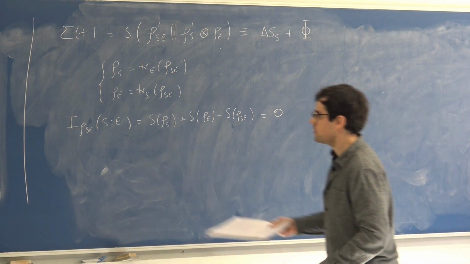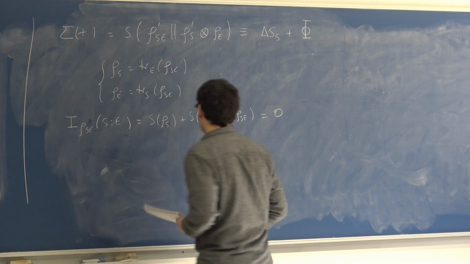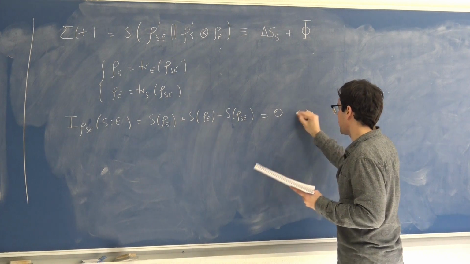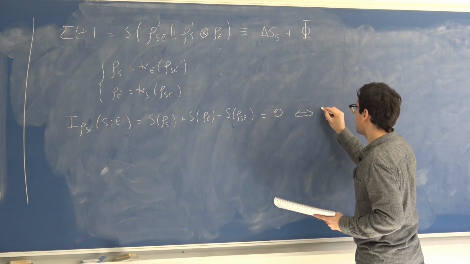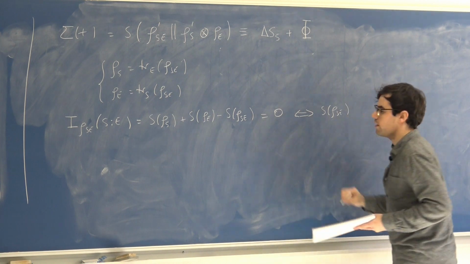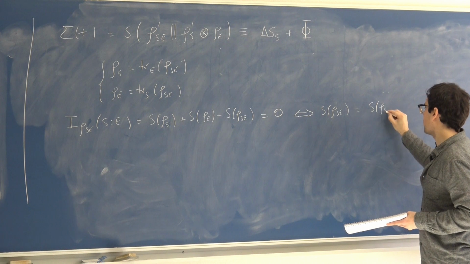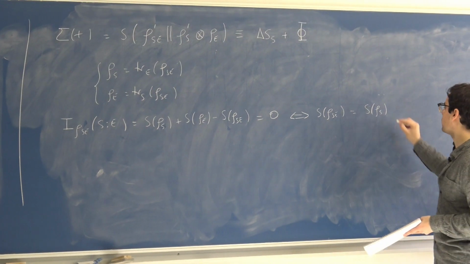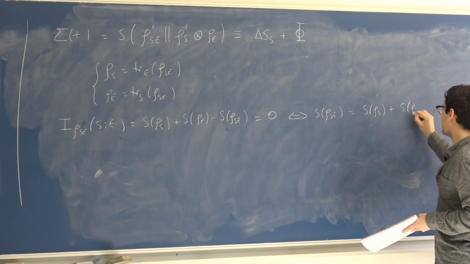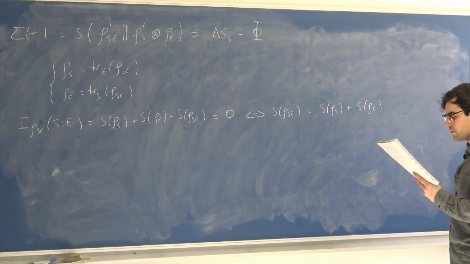Since the initial state is a separable state, there is no mutual information, right? From here, we get that the entropy of the joint state is simply the entropy of the state of the system plus the entropy of the state of your environment, right?